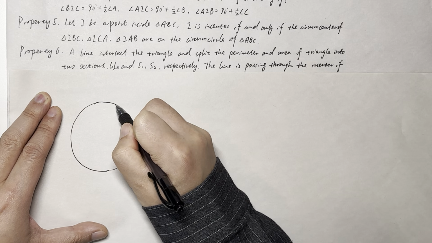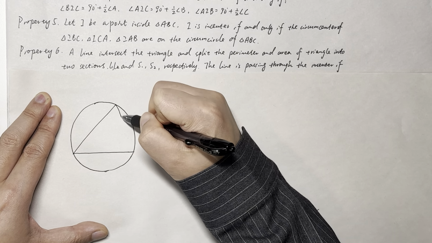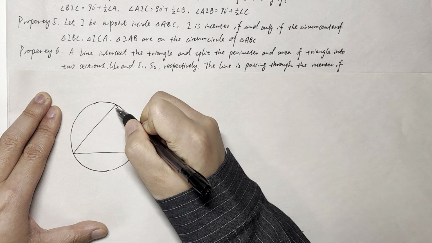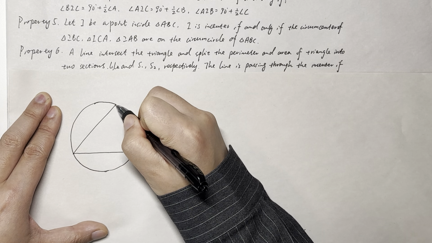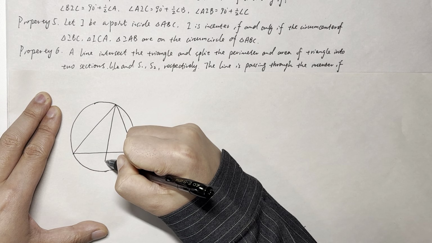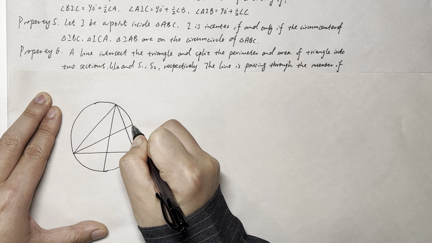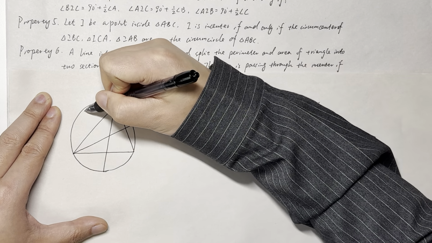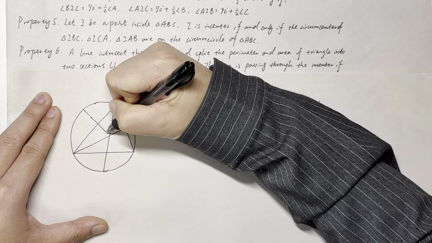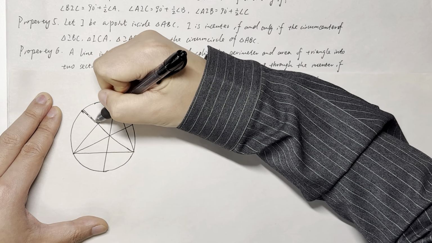We first draw the circumcircle of triangle ABC. And this should be the midpoint.